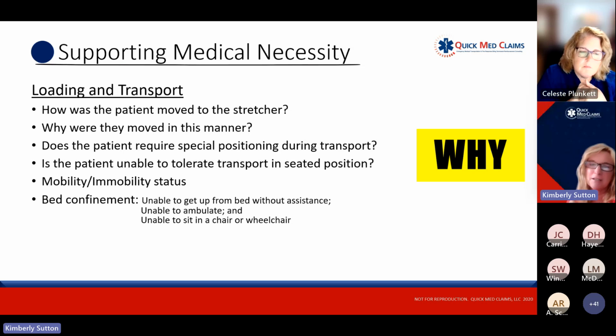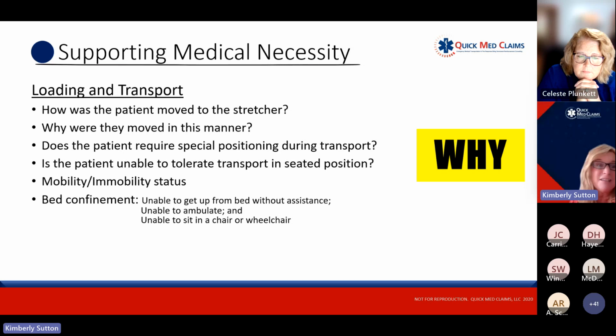Was it a draw sheet pullover? Did they ambulate? Did they sit in a wheelchair and then get on your stretcher to be transported? Is there any special positioning? Do they have to sit with their chest up because they're not breathing very well? Is the patient unable to tolerate transport in a certain type of position? If you could please document all that, that will support medical necessity.